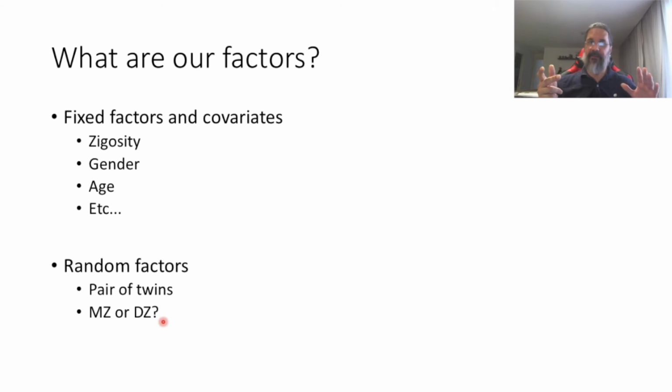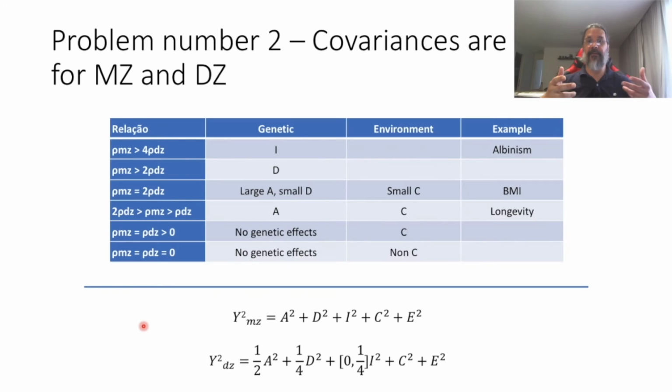But with twins, we want to calculate different and very specific covariances to investigate to which extent our traits can be considered heritable. We need to know at least two covariances, one for the monozygotics and another one for the dizygotics.